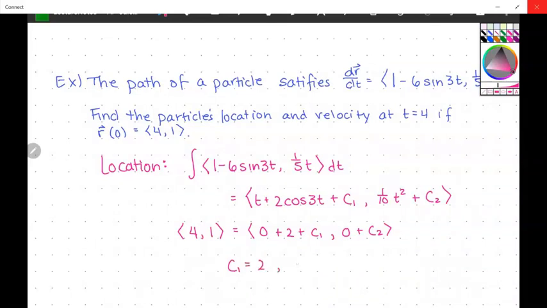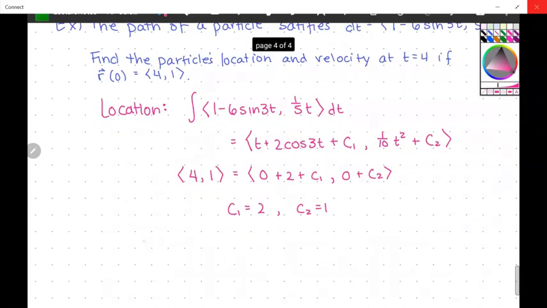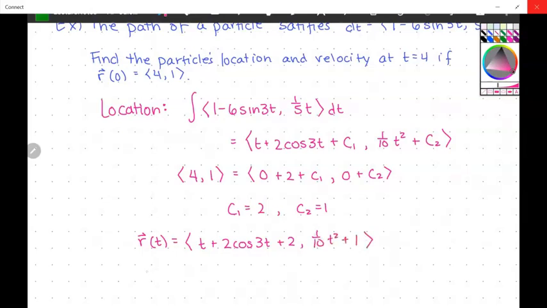What's c2? So now we have r of t. R of t is just t plus 2 cosine 3t plus 2, 1/10 t squared plus 1. We evaluate at 4, and we get our answer.